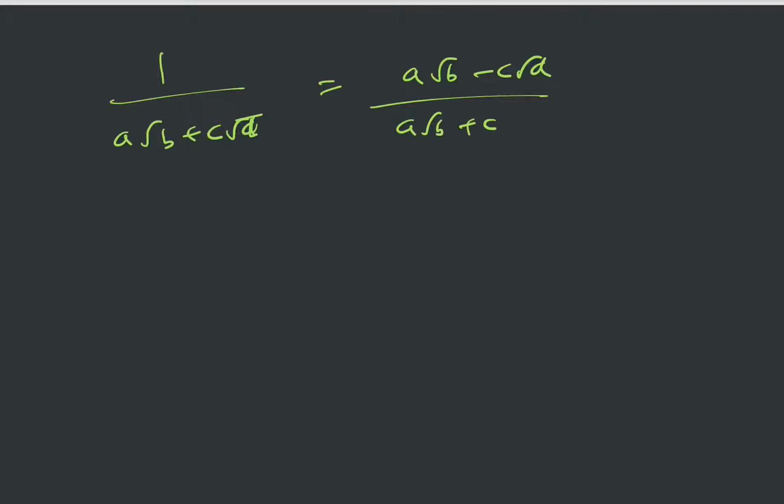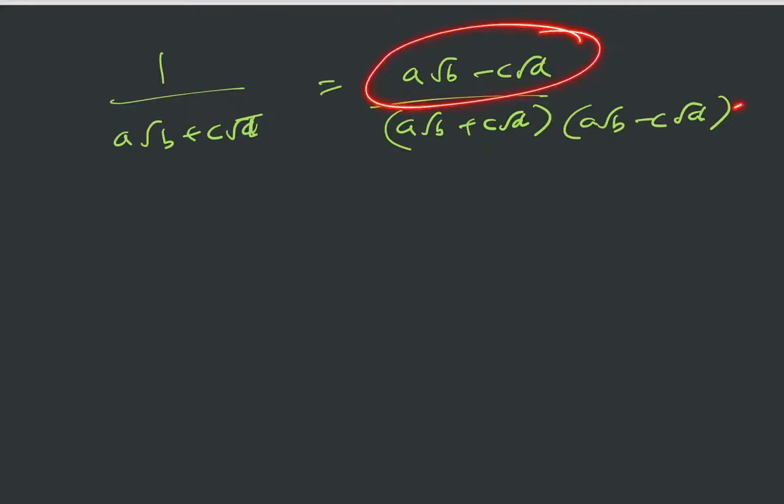So in general, if I want to rationalize 1 by a root b plus c root d, then what you do is you just multiply with a root b minus c root d, by a root b plus c root d into a root b minus c root d, right?